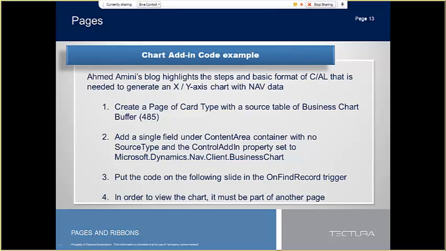Add a single field under content area container with no source type and a control add-in property set to Microsoft.Dynamics.Nav.Client.BusinessChart. Put the code that I will step through on the following slide on the OnFindRecord trigger. And in order to view the chart, you must make it part of the fact box area in another page.